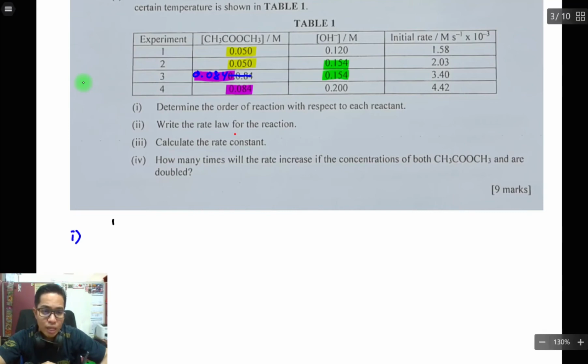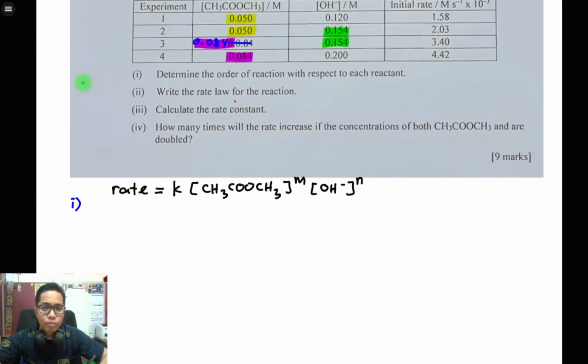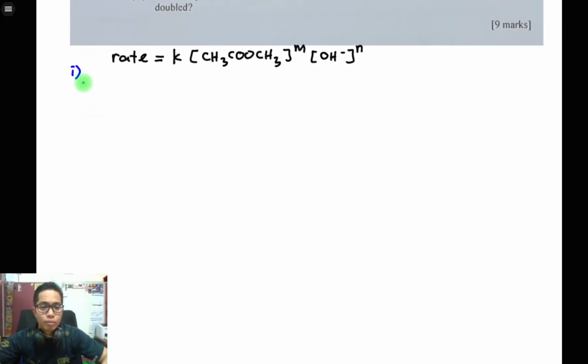So I start with the rate law. General rate equals k, concentration of CH3COOCH3 to the power of m times OH minus to the power of n. That's the general rate law. Then experiment 2 divided by experiment 1.